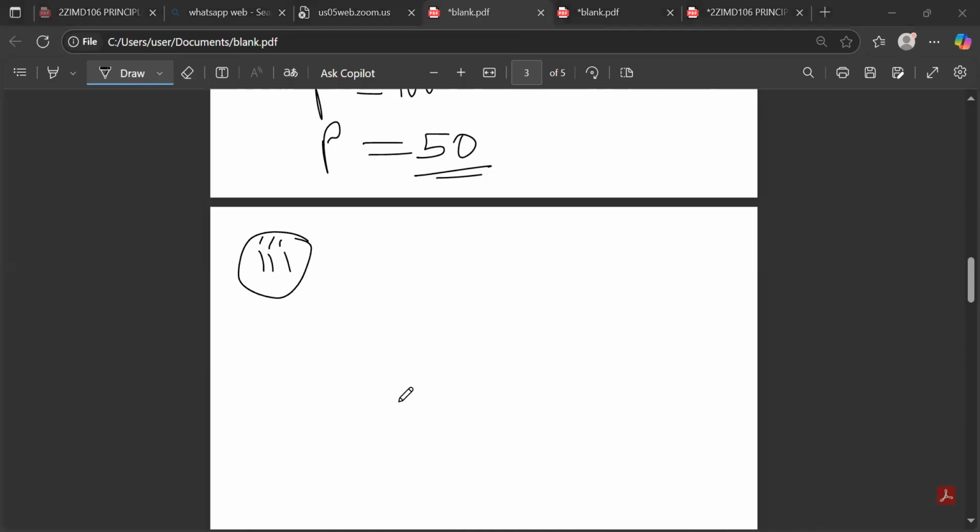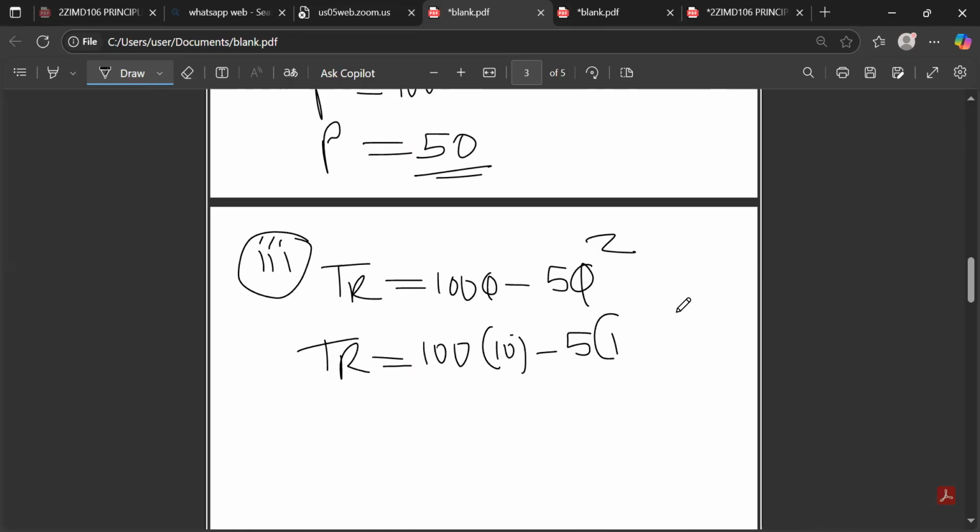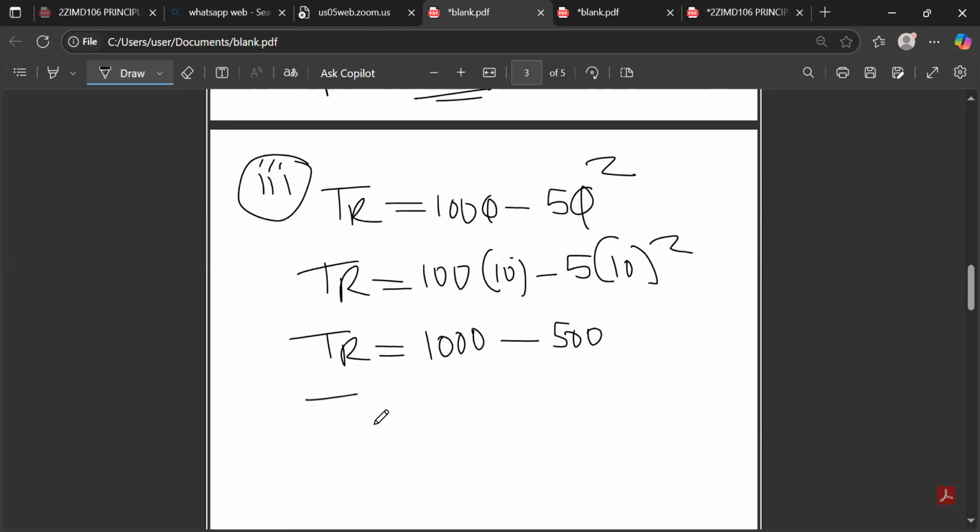So total revenue was 100Q minus 5Q squared. So our total revenue now gives us 100 times Q, which is 10, minus 5 times 10 squared. So our total revenue will be equal to 1,000 minus 500. And our total revenue gives us 500. Is that okay?